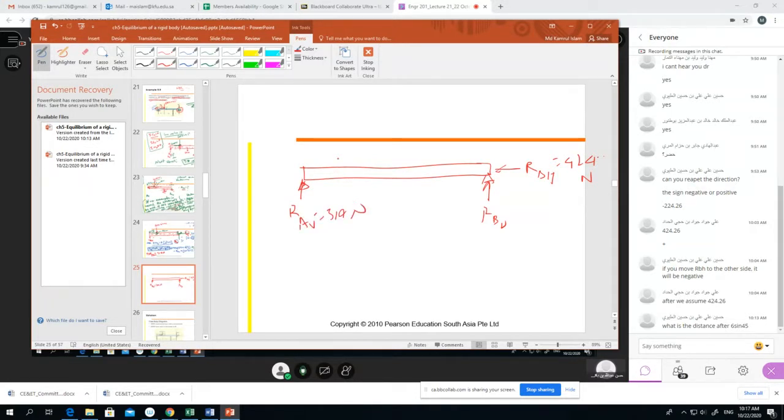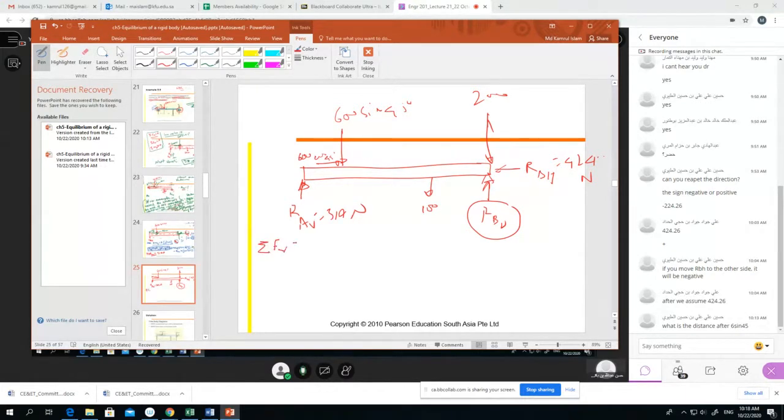If you calculate, you will get it. Then here you have vertical force: 600 cos 45 degree and 600 sine 45 degree. Here we have one force 100, and here one force 200. Only this force is unknown. How can we get it?